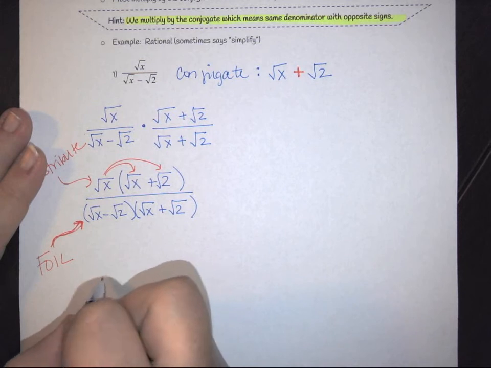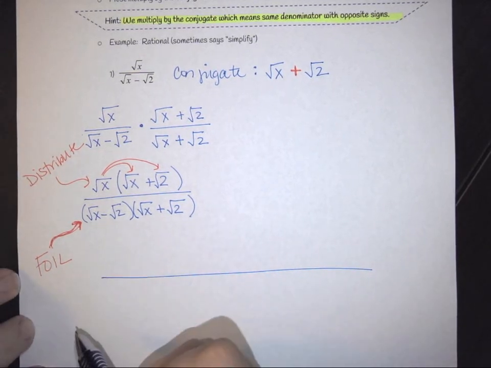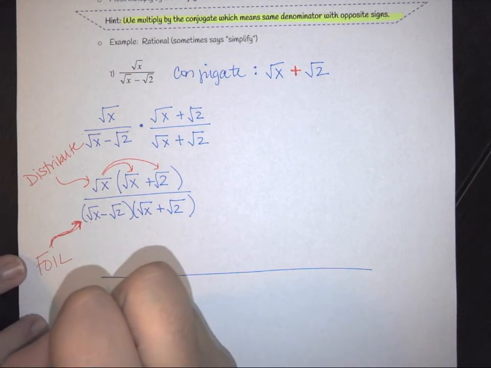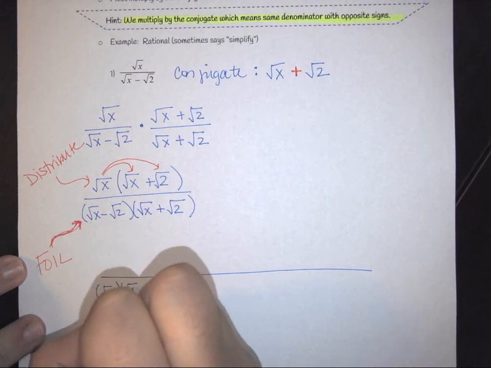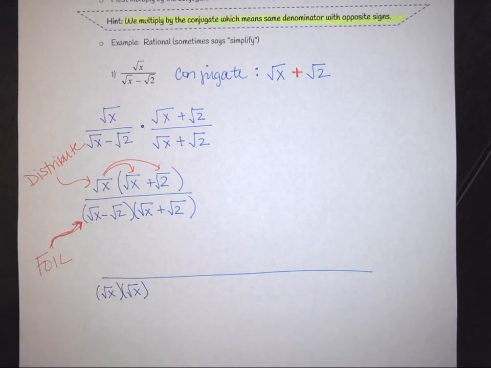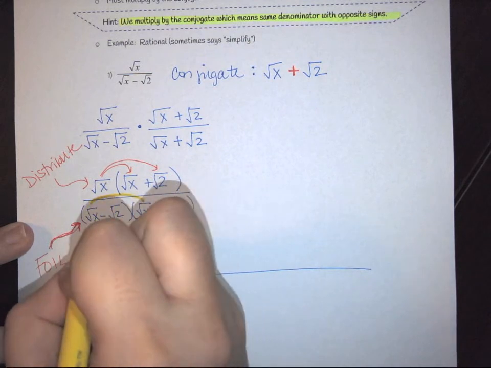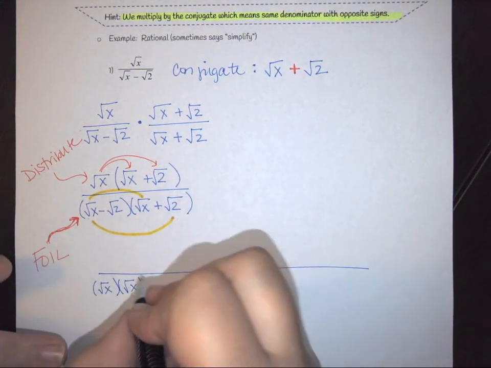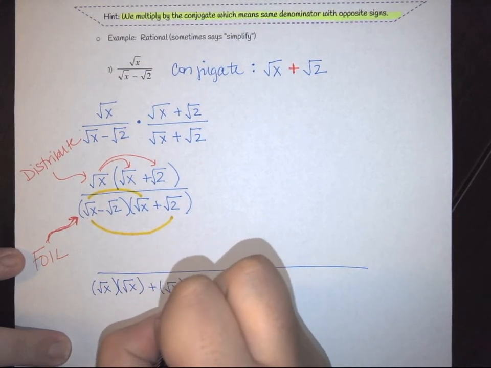So when we look at that, FOIL says first, outer, inner, last. First is my first terms, so I'm going to have the square root of x times the square root of x. That is going to be my first. Then I have to do outer, which is going to be adding the square root of x times the square root of 2.